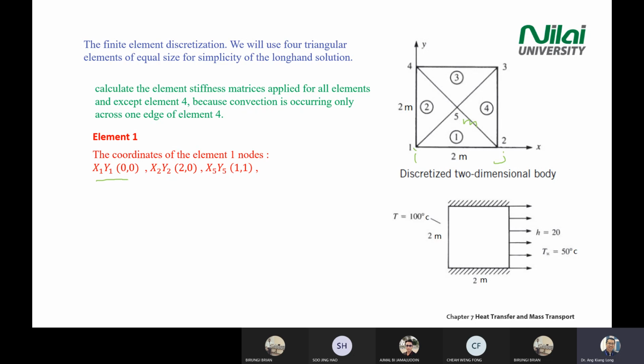So point I is given by 0, 0, point J is 2, 0, and point M is 1, 1. Point M is 1, 1 because it's at the center of this cube. So this location is 1. Project to the right, you get 1. So the location of this point is 1, 1.